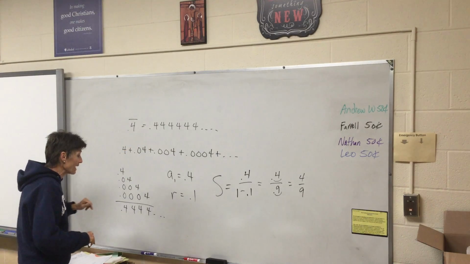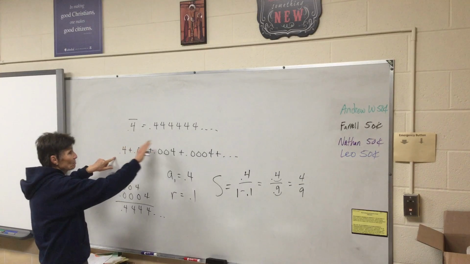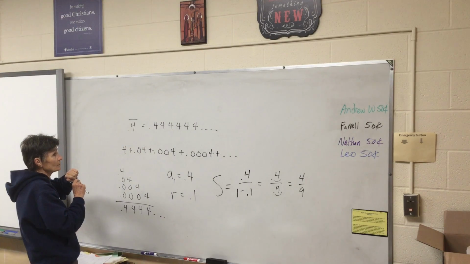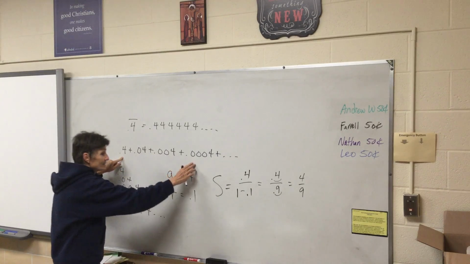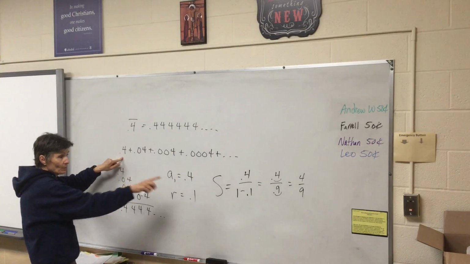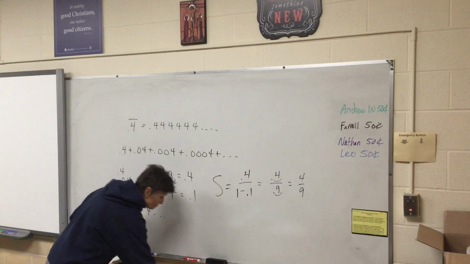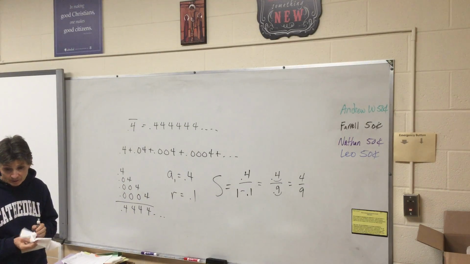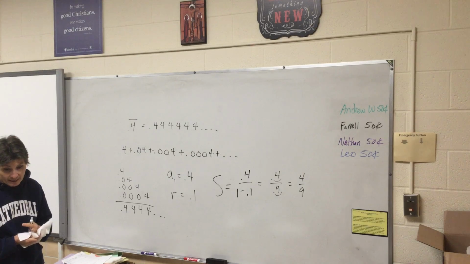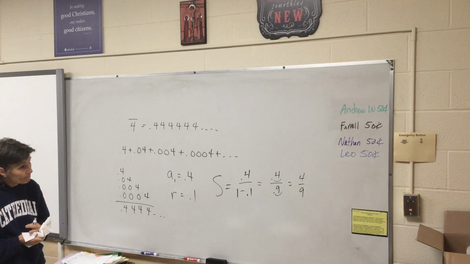And we figured that out by simply splitting the decimal up into a bunch of things added together, and then we used our formula. Does anybody have a question about that before we try the next one? Why don't you move the decimal back again?